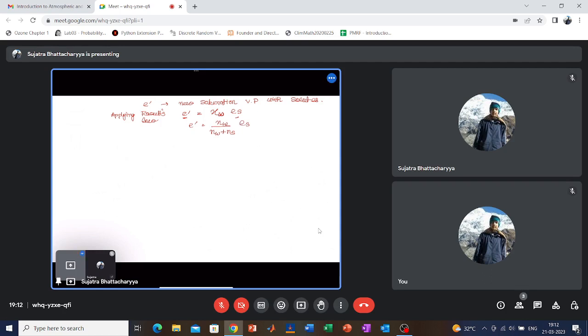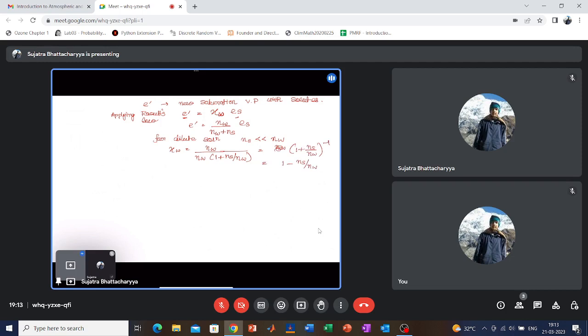Fine. Now for a dilute solution, NS of course will be less than NW because solute particles are less. Therefore chi W, for the simplicity of the expression: I take out NW, so it is 1 plus NS by NW, all to the power minus 1, since NW cancels. What does this give? Approximately 1 minus NS by NW. Simple.